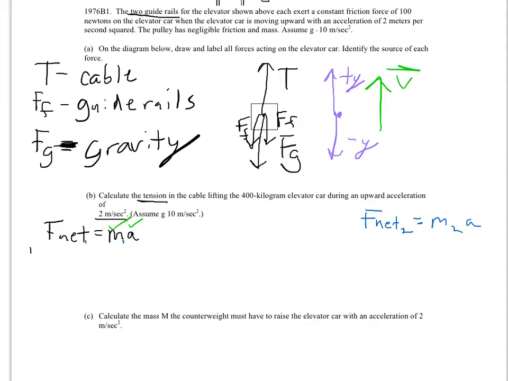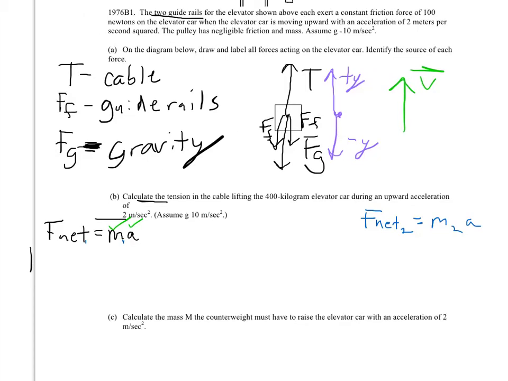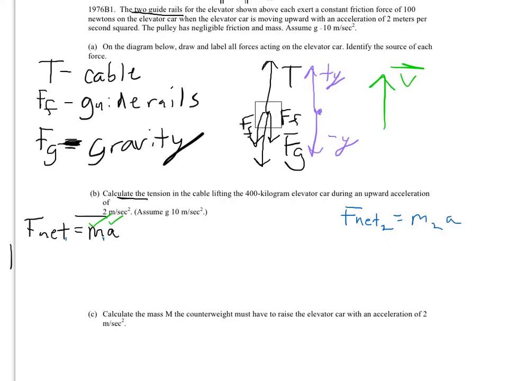So tension points up, that's positive. Gravity points down, it's negative. There's a friction down and another friction down. And that all equals the mass of the elevator, what we've called object 1, times its acceleration.